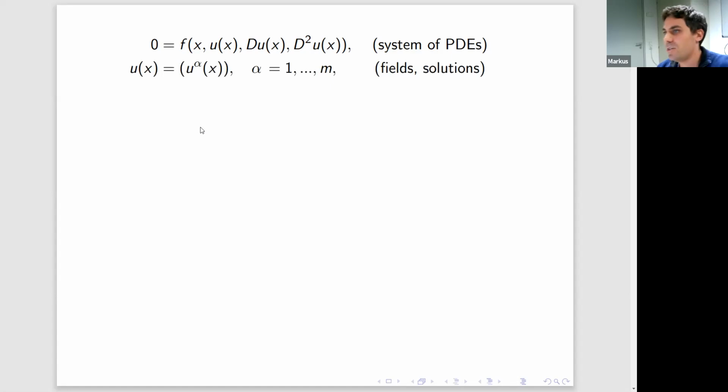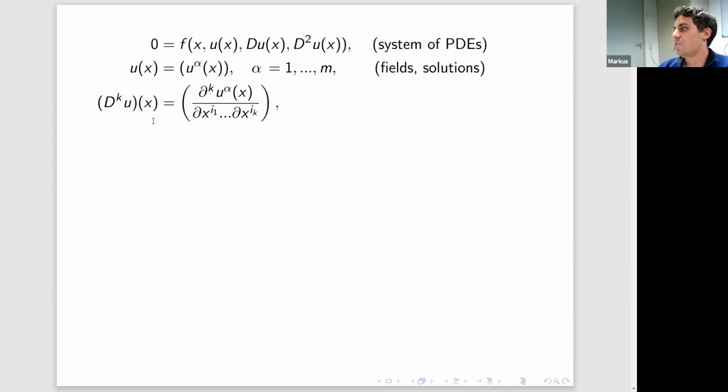And then I already used this notation here with u. So this is the field or the solution of the PDE, and it can be vector valued. That's why we have here such an index alpha, which runs from 1 till m. And then we have, of course, the derivatives, which are just here. This DK is a short notation for all of the derivatives here.